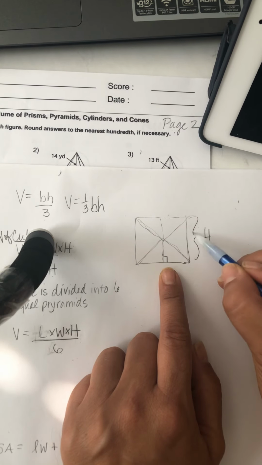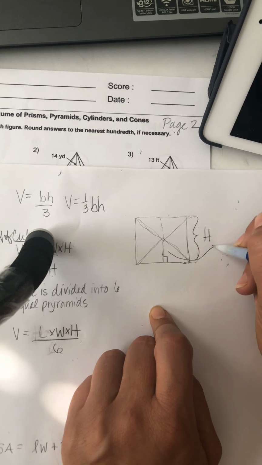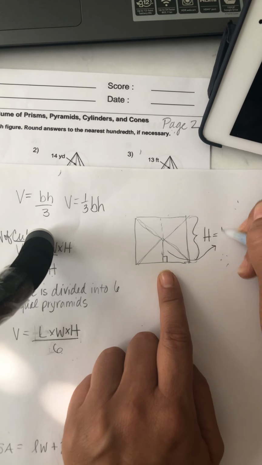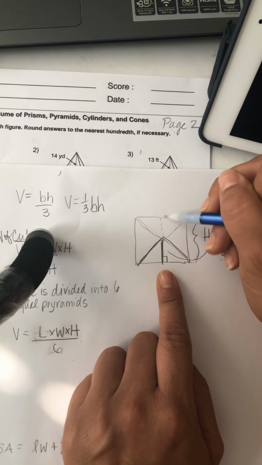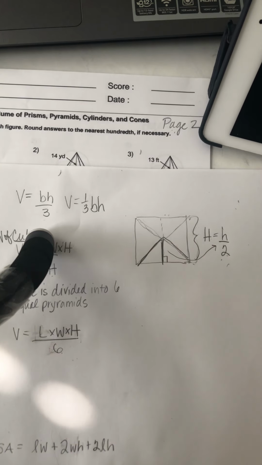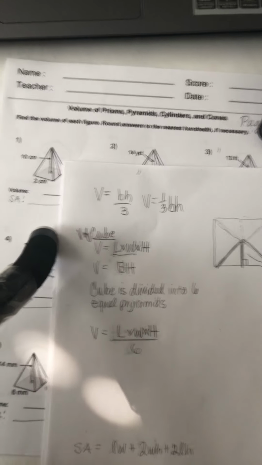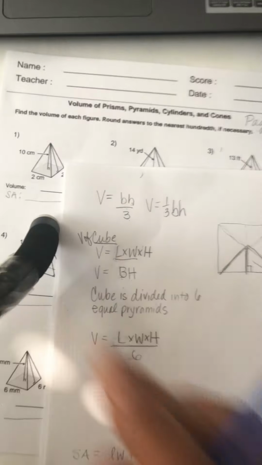So the height of the pyramid is equivalent to the height of the cube divided by 2, because this would be the height of my pyramid, and I know I could fit one above it. So now we're going to simplify our equation to make it look like this: base times height divided by 3.